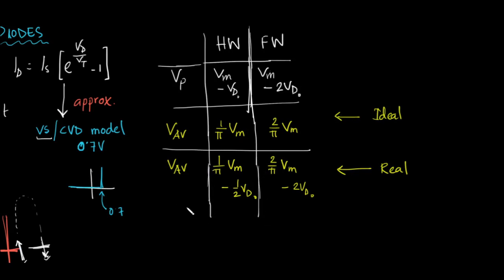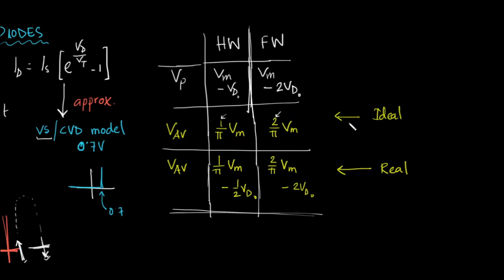You can see that if we just consider the case of ideal diodes, the average value of the output of a full wave rectifier is twice that of a half wave rectifier. Okay, it is multiplied by 2.